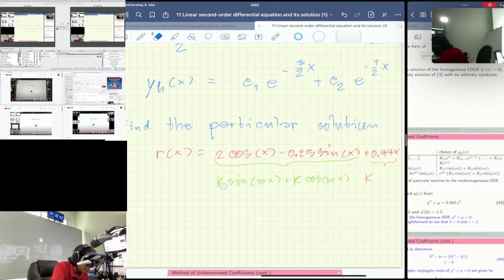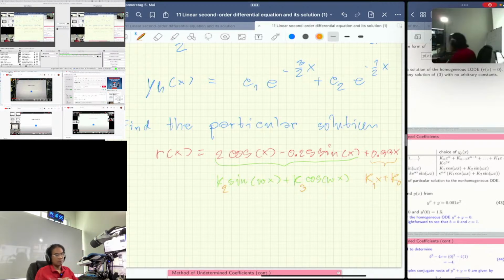Okay, oh no, k2 and k3, and here is k1x plus k0. Okay, and yes, we will build up our yp.